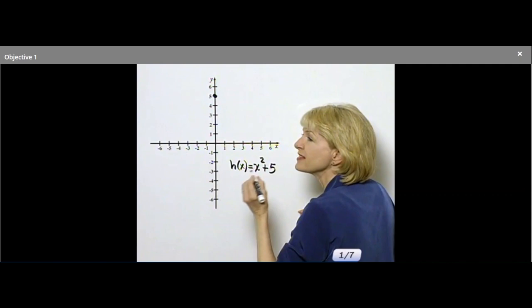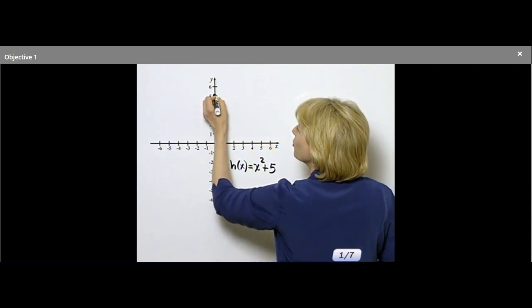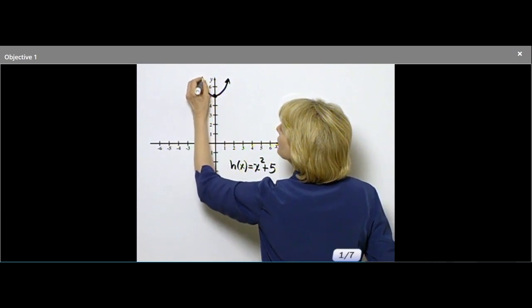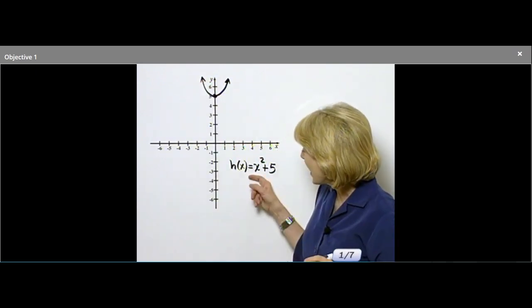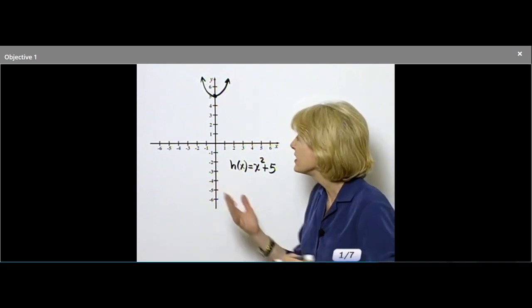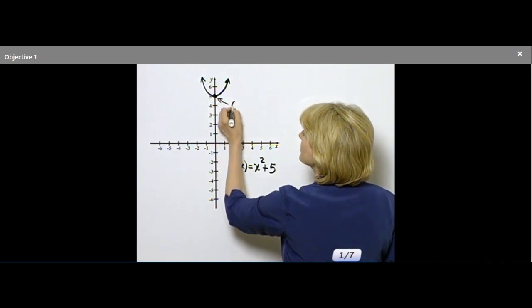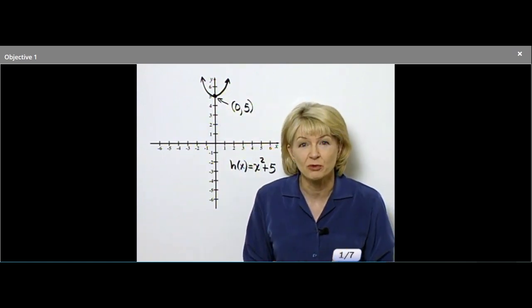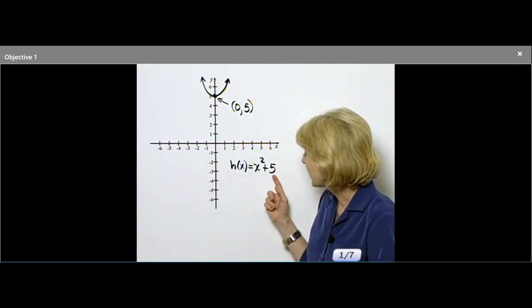The shape is exactly the same, although I won't be able to show a lot of it on my rectangular coordinate system. That is the graph of h of x equals x squared plus 5. The vertex is (0, 5). Just as I mentioned, it would be (0, k).